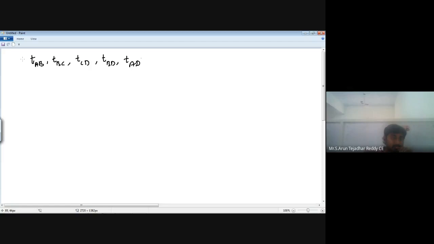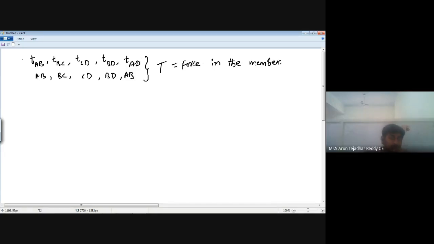Based on these values, and also the length of each member, AB, BC, CD, BD, AD, next we calculate the pull in the member, that is tension, capital T, or else force in the member.